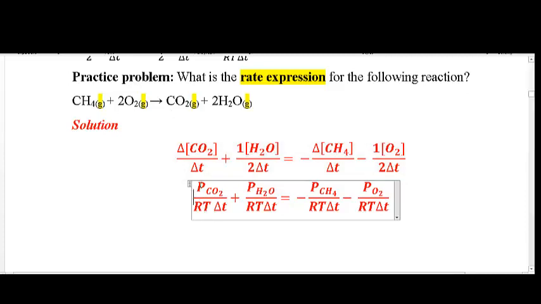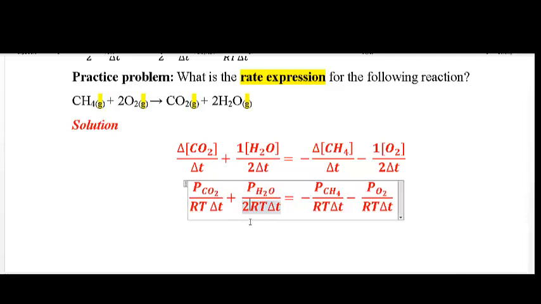P over RT is the same thing as concentration, plus the 2 times. So there should be a 2 here. Pressure of oxygen over RT times delta t, times 1/2, because you're making 2 moles of this. And that's going to equal the negative pressure of the reactant, because this is going to decay, divided by RT times delta t.